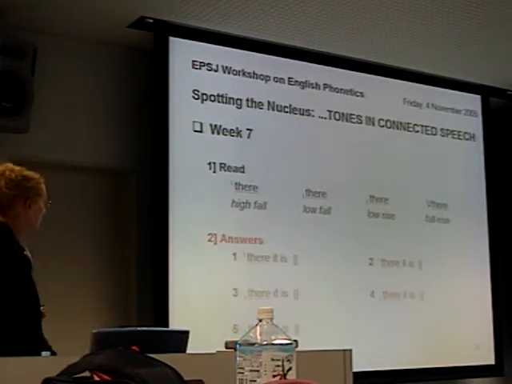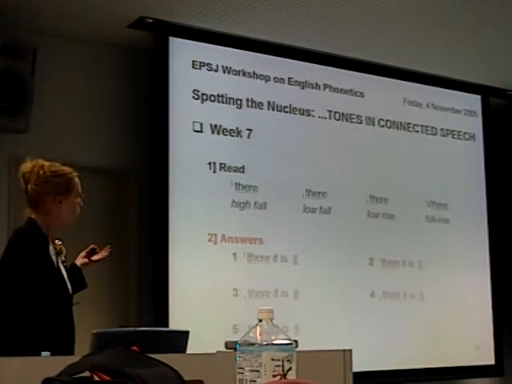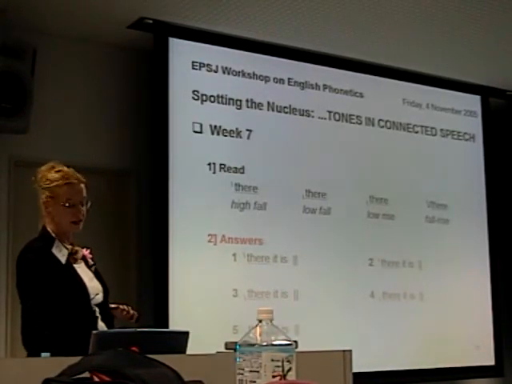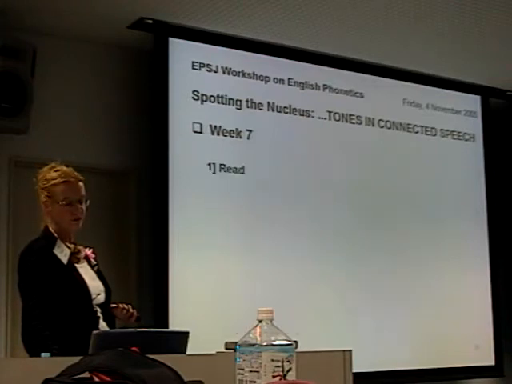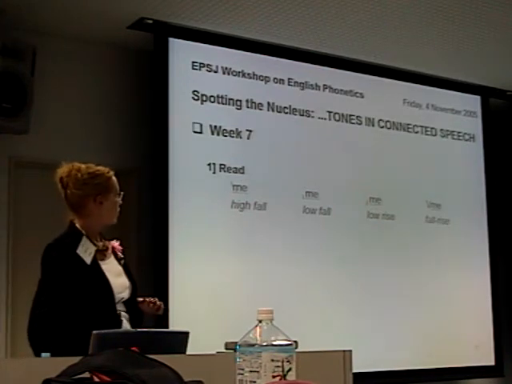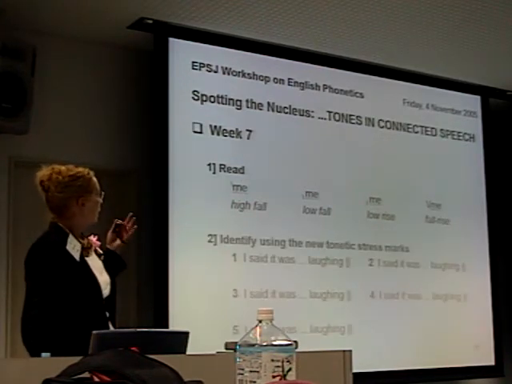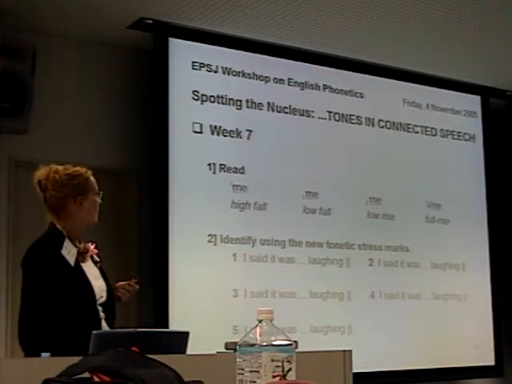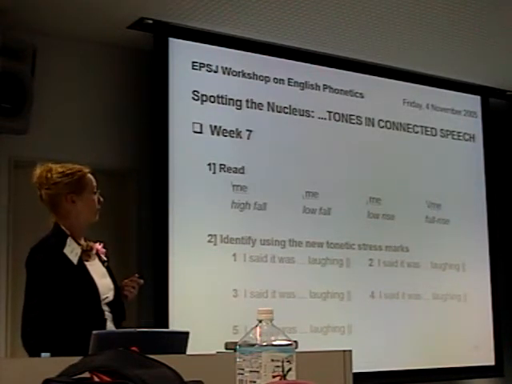And again, you'll see I haven't used all the tones, just some of them, so the listening has to be selective. And then a monosyllabic one. Again, it's the same range of tunes. It's a different context, so there will be a tail, and one of the ones here is, I said it was me laughing.